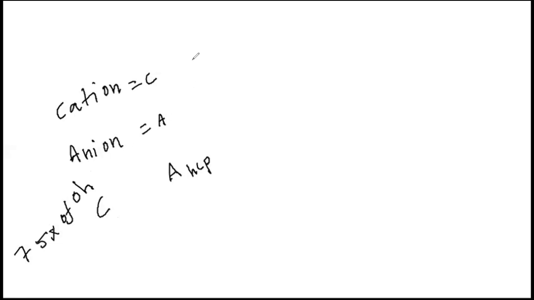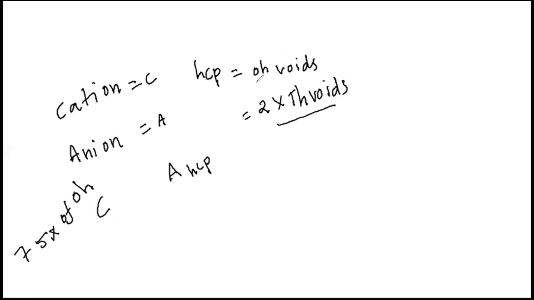Actually, there is a statement: however many HCP atoms there are, that many octahedral voids we can see, and twice the number of tetrahedral voids are present. Generally, this one only we are going to use.